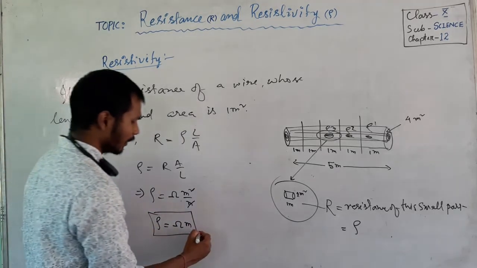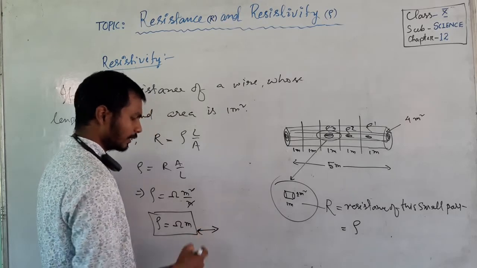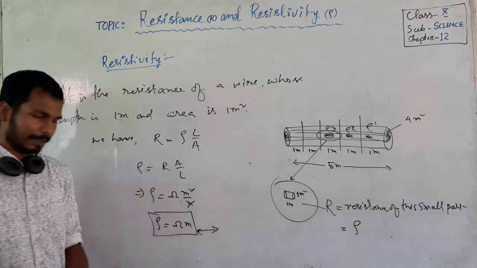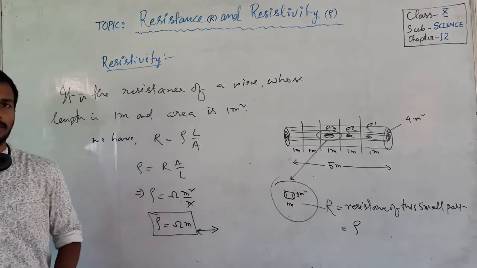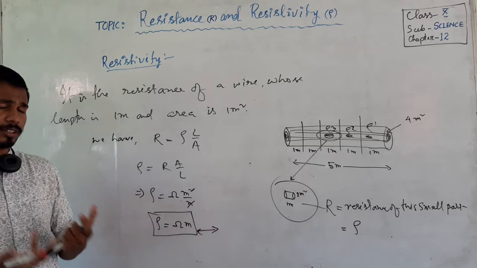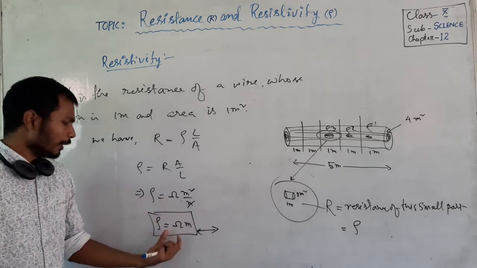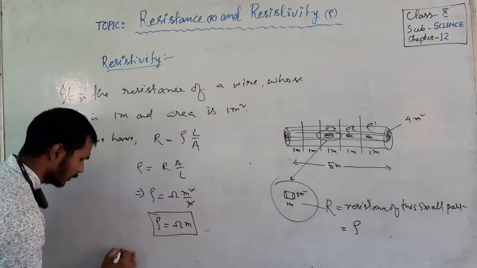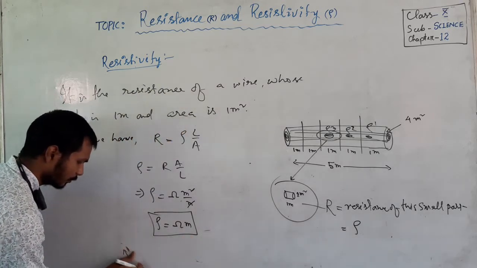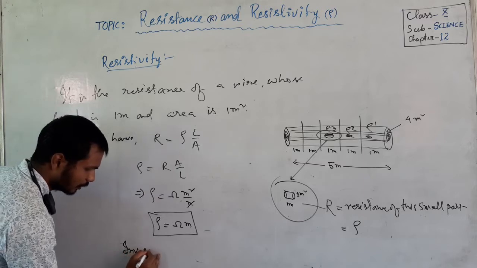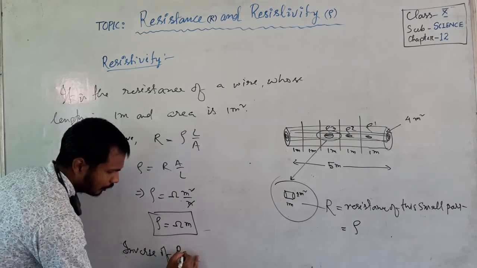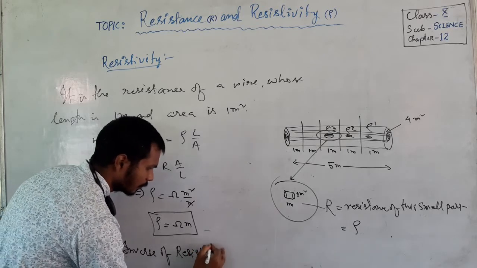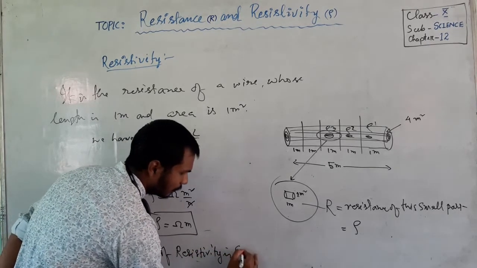And what is the inverse of resistivity in case of science? Resistivity means the power of the material to resist, just equivalent to resistance. Almost resistance and resistivity are the same. So the inverse of resistivity is conductivity.